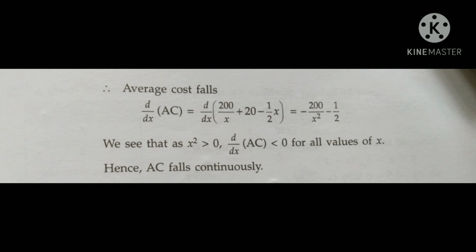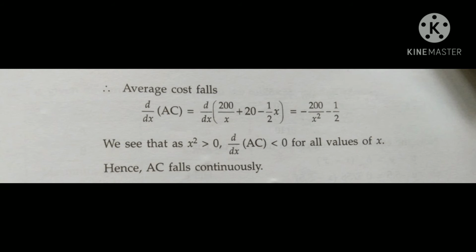Here we differentiate average cost, which gives you minus 200 by x square minus half. As x square is greater than 0, d/dx of AC is always less than 0. As we know, x square is a positive number, so minus 200 by x square is a negative number, and minus half is also a negative number.